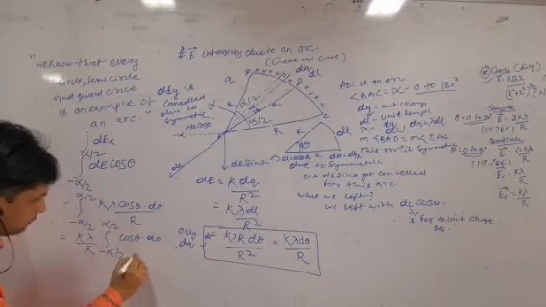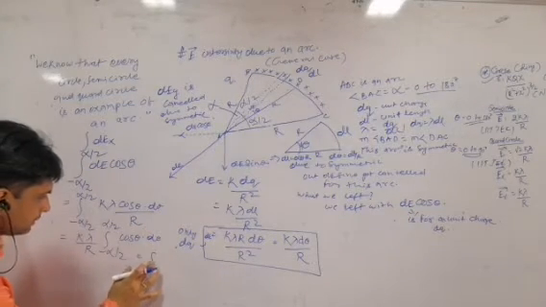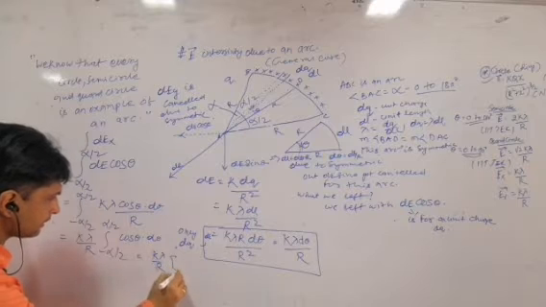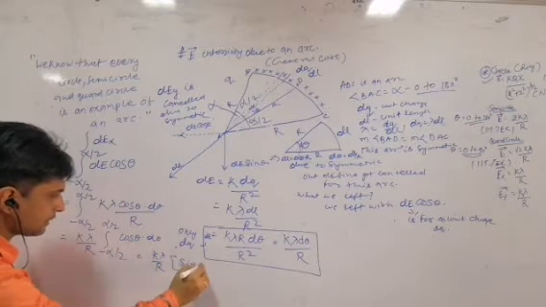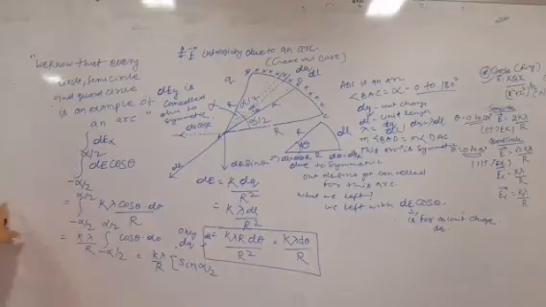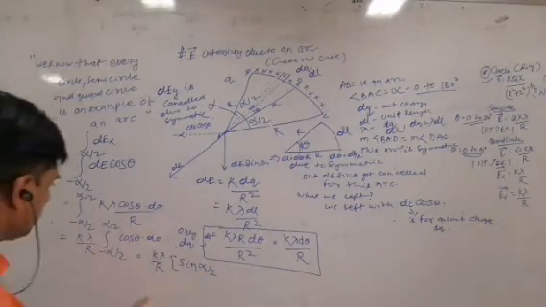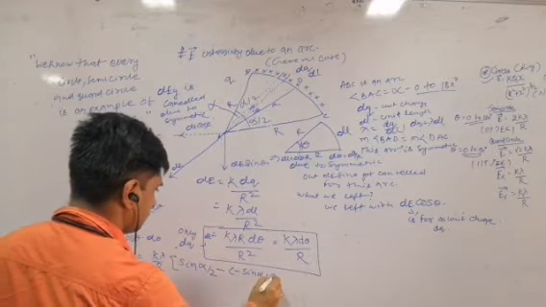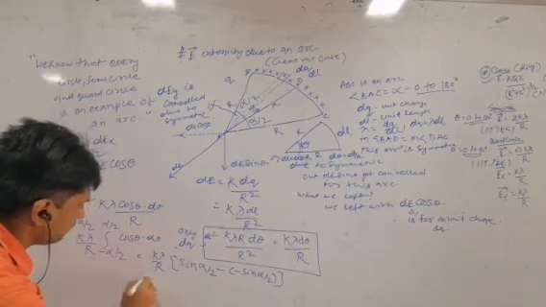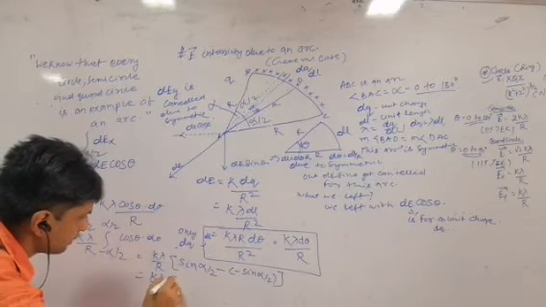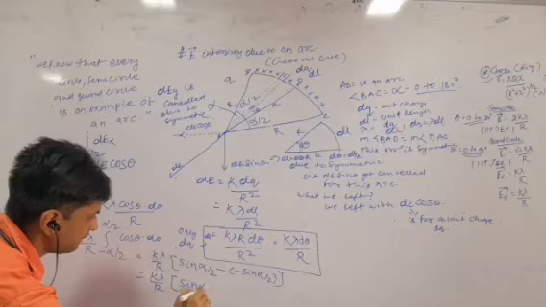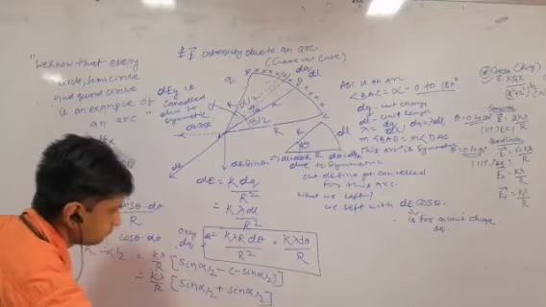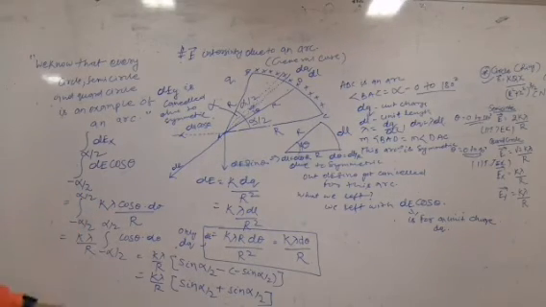Okay, what will we get if you integrate this? K lambda by r times sin alpha by 2 minus sin of minus alpha by 2. So k lambda by r, sin alpha by 2 plus sin alpha by 2. Okay, so this is your final answer.